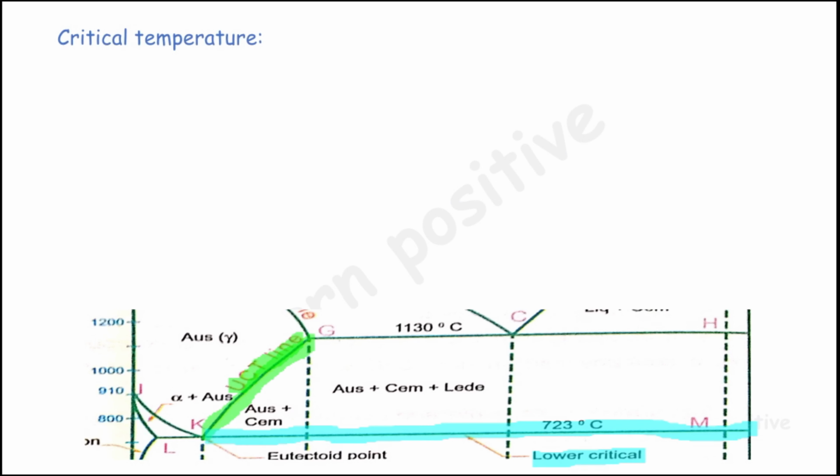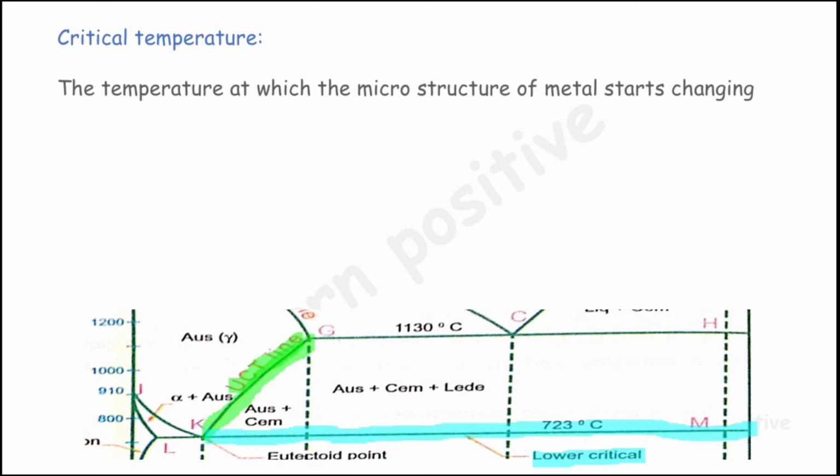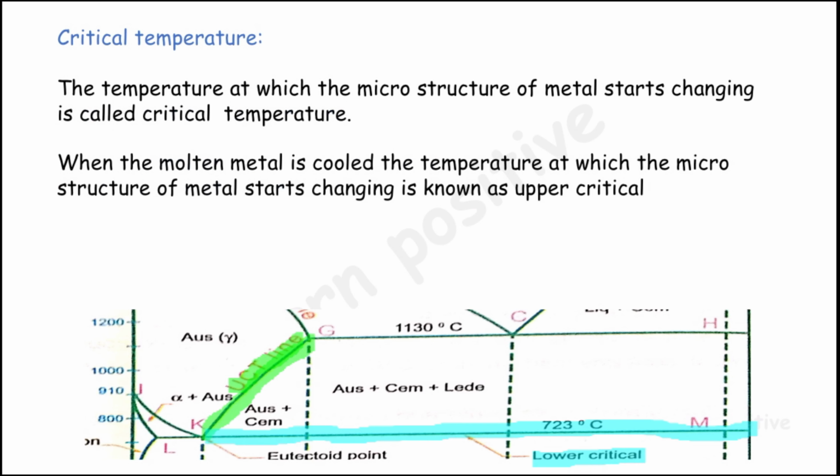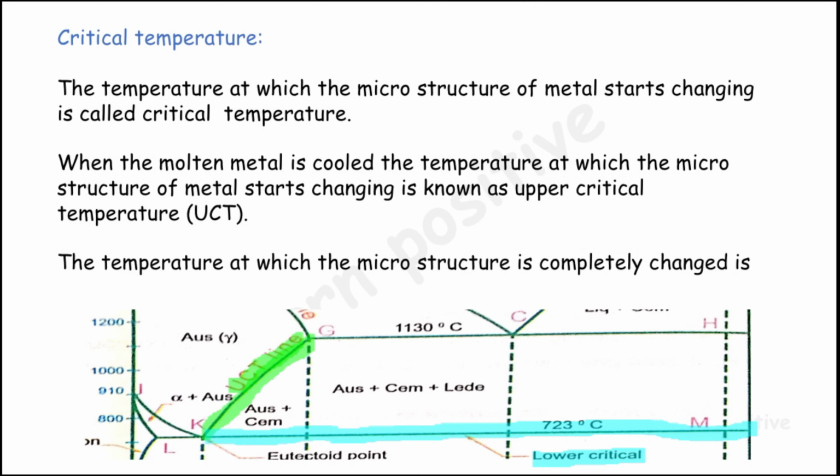And now we are going to see the critical temperature. In critical temperature we have two critical temperatures. One is the upper critical temperature and the other is the lower critical temperature, that is, UCT and LCT. For the upper critical temperature, the molten metal is solidified and cooled down from 1130 degrees Celsius to 723 degrees Celsius.